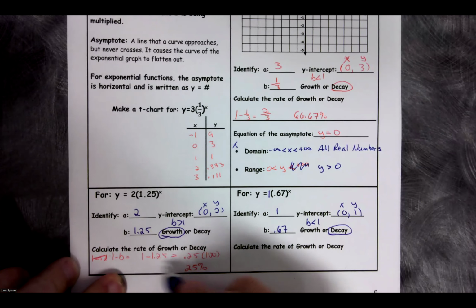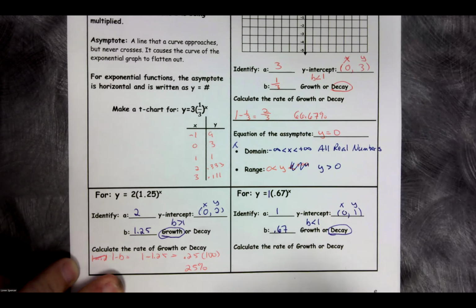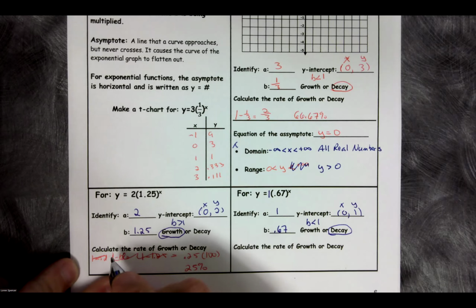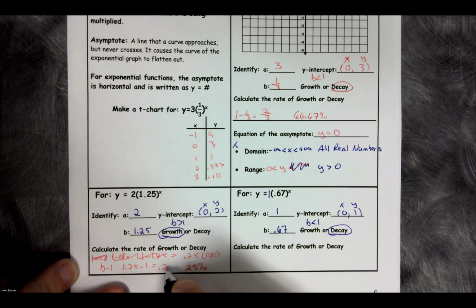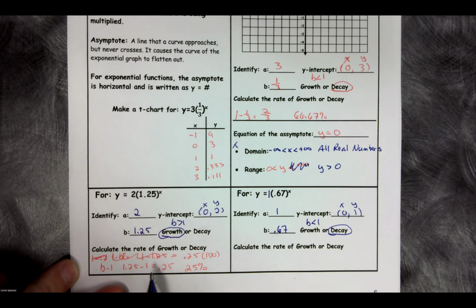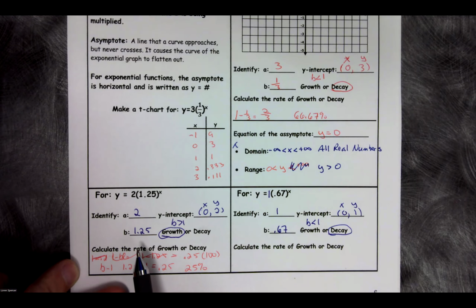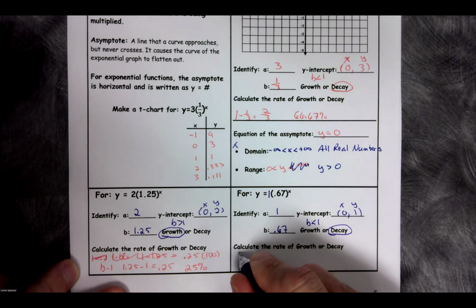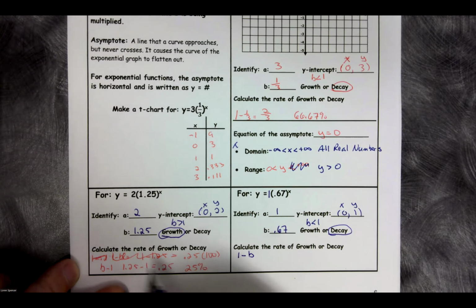Now remember, I wrote this the wrong way on this one. I need to come back over here. I should have done B minus 1. So this is 1.25 minus 1 equals 0.25. Okay? So that's B minus 1. And over here, I have to do 1 minus B. Sorry about that.